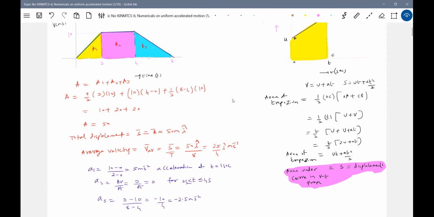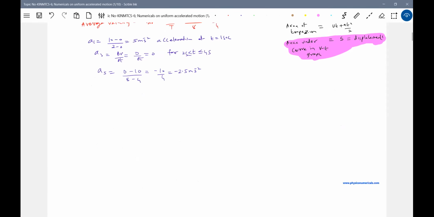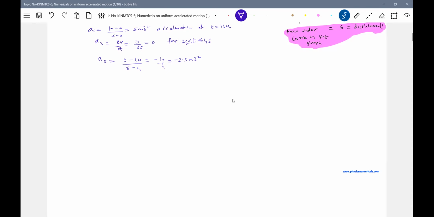The next question comes. So let me summarize here. From the velocity versus time graph, what all can we find out?